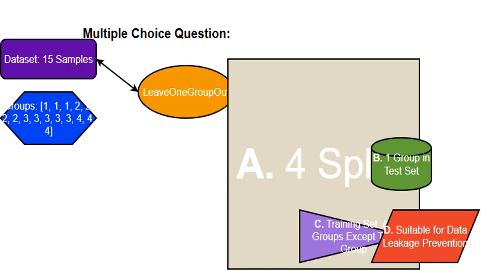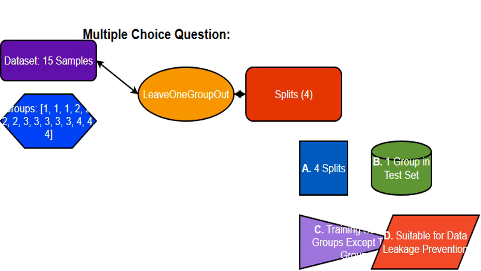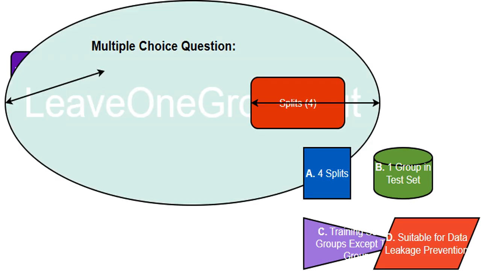This statement is true because there are 4 unique groups, and LeaveOneGroupOut creates one test set for each group. This is also true. In each split, exactly one group is entirely in the test set for evaluation purposes. This statement is correct. The training data for any split will contain all samples except the samples in the test group for that split.